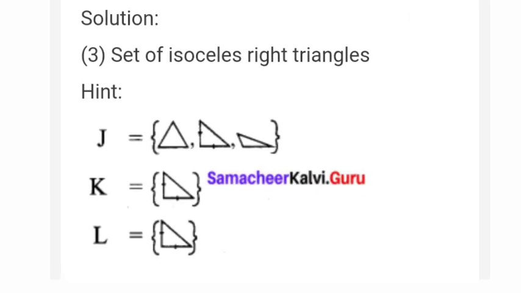Hint: J is three-sided, K is two equal sides, L is right angle. We have the common one, a right angle triangle, and isosceles means two equal sides. Therefore option 3, the answer is the set of isosceles right triangles.